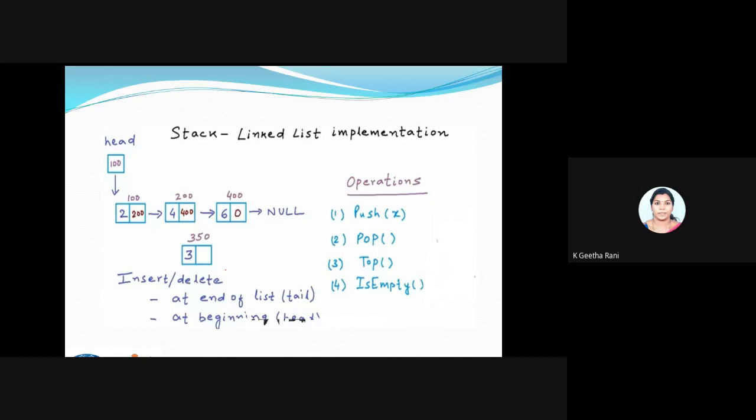I can insert an element at the beginning, at the end, or in the middle, as well as delete an element at the beginning, at the end, or in the middle. Since I'm having a stack concept, I have to make one thing sure: because a stack has only one opening, I can insert or delete data only at the top end of my stack, only at one end of my stack.